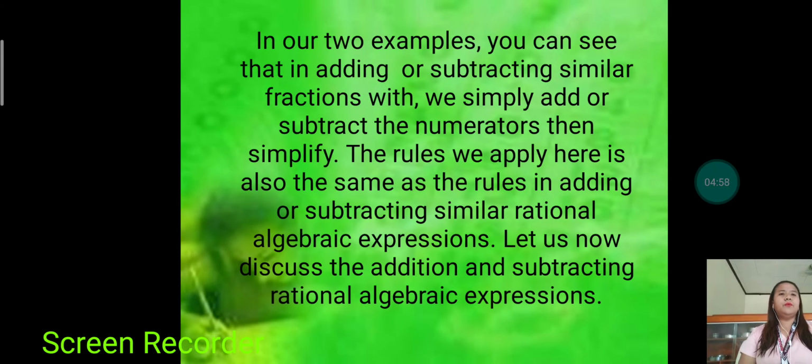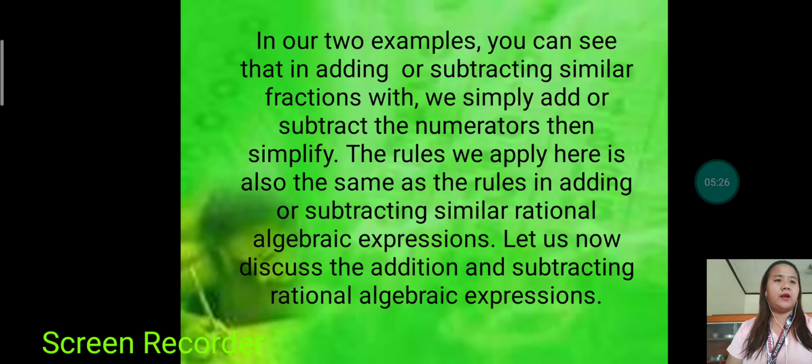In our two examples, you can see that in adding or subtracting similar fractions, we simply add or subtract the numerators, then simplify. The rules we apply here are also the same as the rules in adding or subtracting similar rational algebraic expressions. Let us now discuss the addition and subtraction of rational algebraic expressions.